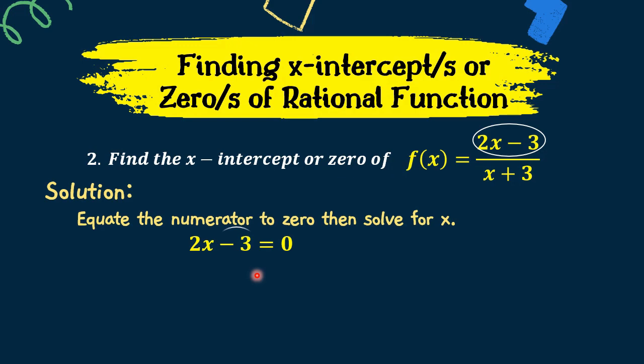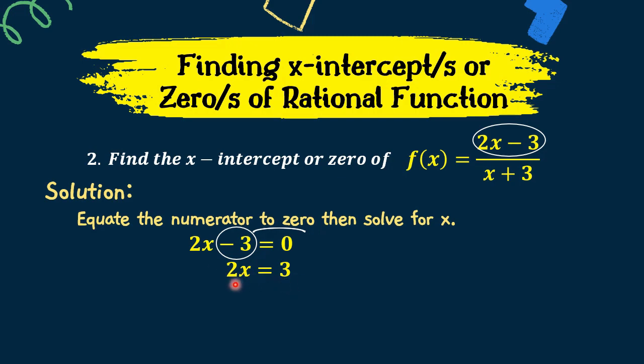To do that, we first have to eliminate negative 3. The shortcut method is by simply transferring negative 3 to the right side of the equal sign. Since we have negative 3 on the left side, it changes into positive 3 on the right side.